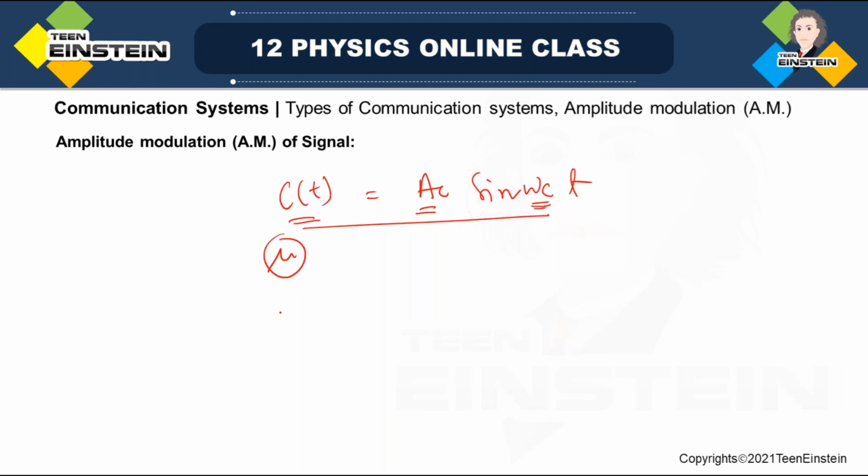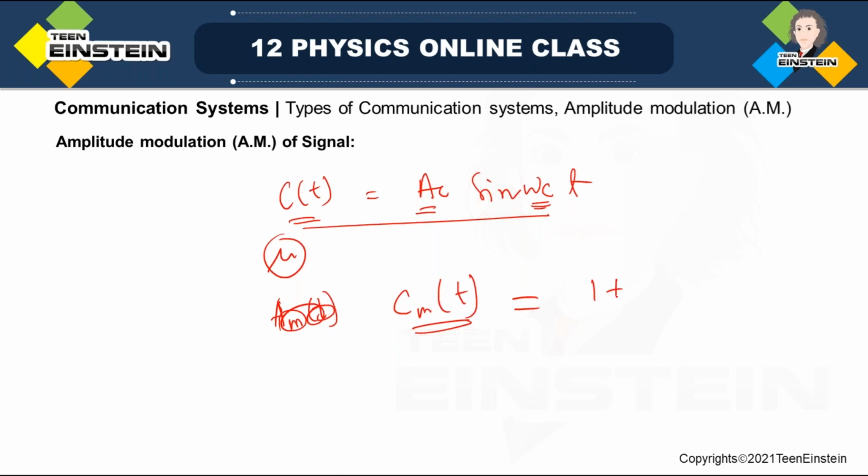then what will be the instantaneous value of the modulated wave? Okay, modulated wave, I should write cm of t. How do you write the modulated wave? I'll tell you.